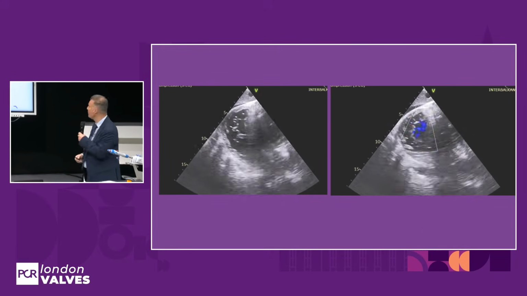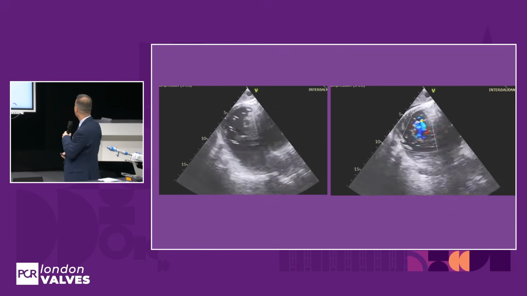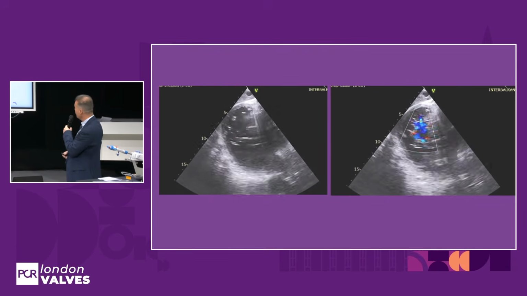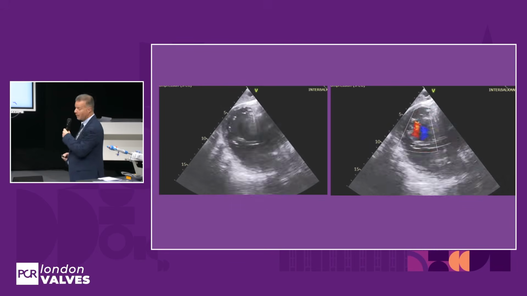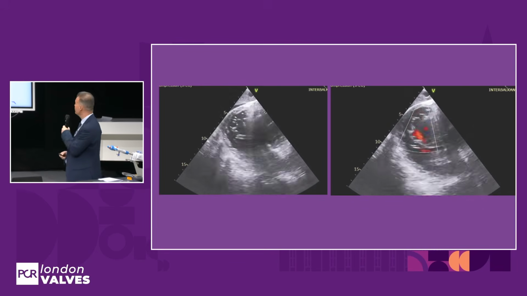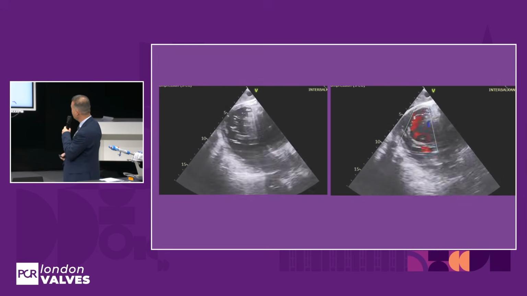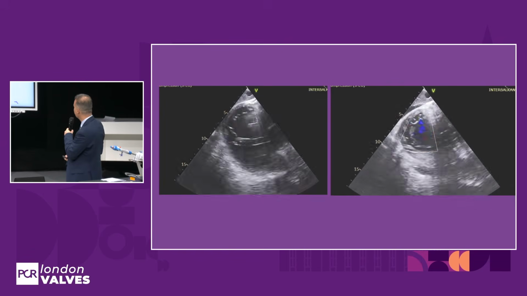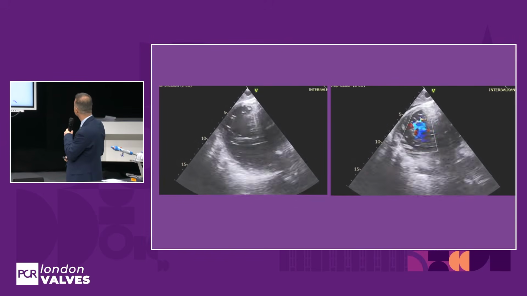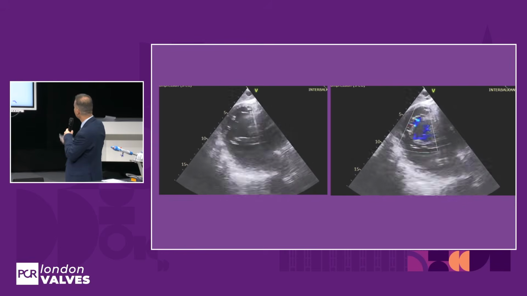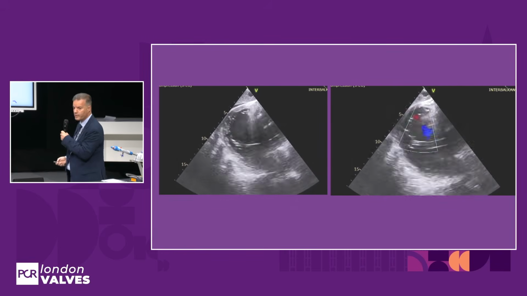You can see a big gap and color across the coaptation line. Also, you can appreciate that the tricuspid valve is multi-scalloped. There are 2 anterior leaflets and potentially 2 posterior leaflets. Septal leaflet is there. There was enough length. And the coaptation gap is throughout and the color is coming throughout.